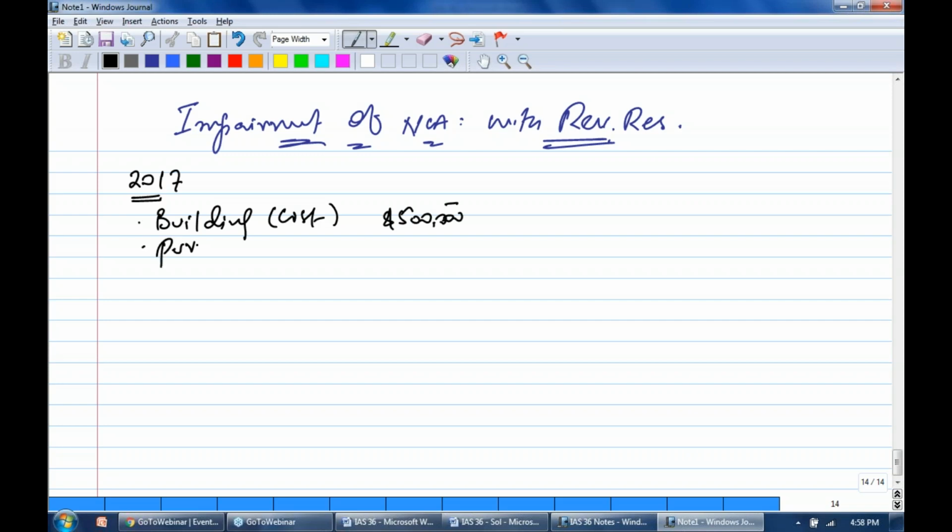This building was purchased on 1st January 2015. We are reporting at 31st December 2017.